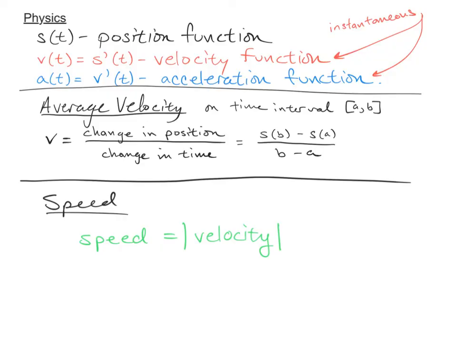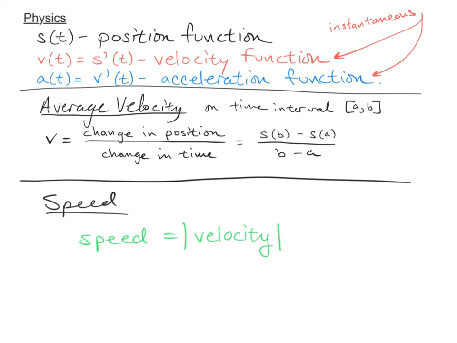On this slide, you'll learn a little bit about physics, being just some vocabulary and notation. So for here, s of t, this is a notation borrowed from physics. The function s is the position function.